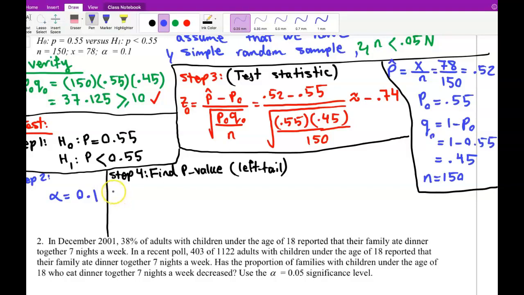What is the p-value? Finding the probability of z less than, since this is a left tail, from step 3 we have negative 0.74.